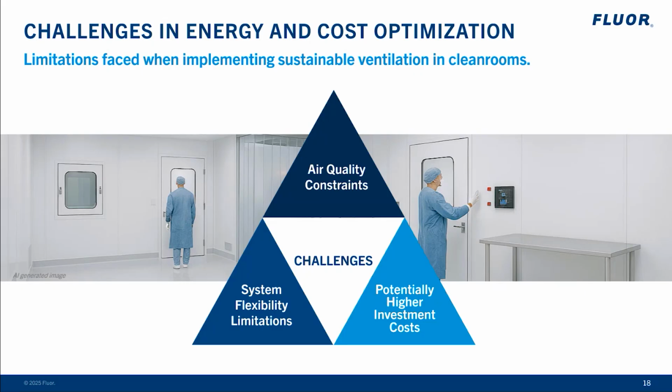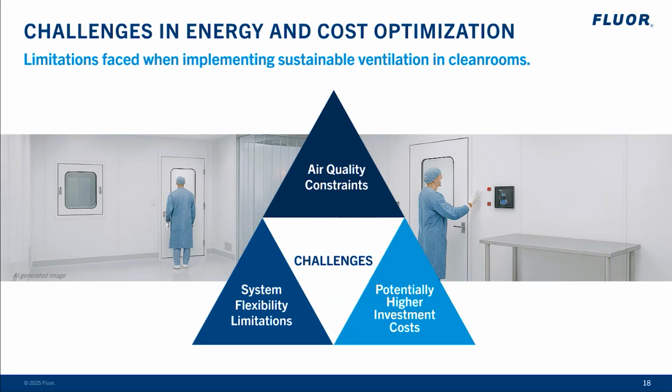The next challenge is system flexibility. Traditional HVAC installations are typically designed for constant air volume (CAV) operation. They lack advanced controls such as VAV, variable air volume, or real-time particle monitoring, which would allow dynamic adjustment of airflow based on actual contamination levels.